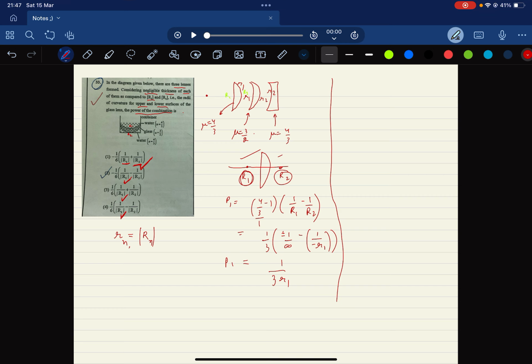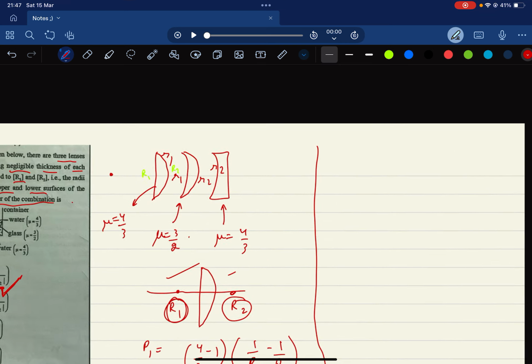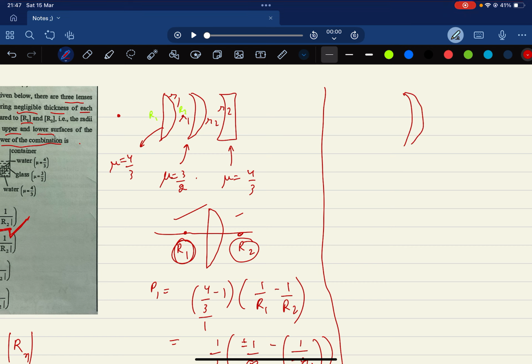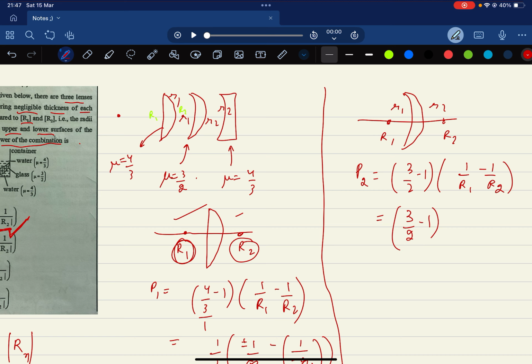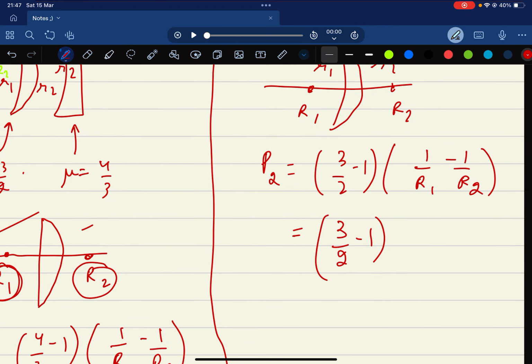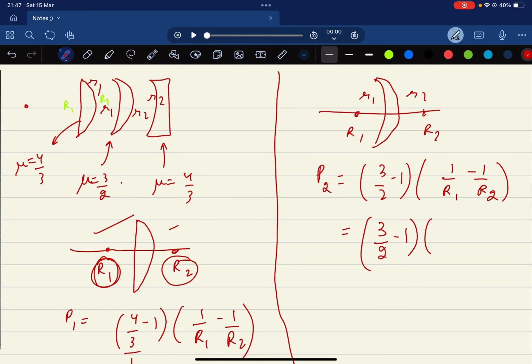Now let's move on to the second power. This is some kind of banana shaped lens. This will be R1, this will be R2. Applying the lens maker formula again, P2 is 3 by 2 minus 1, 1 by R1 minus 1 by R2, and with the sign convention it will become mod, and we will write it as small r1 and small r2.